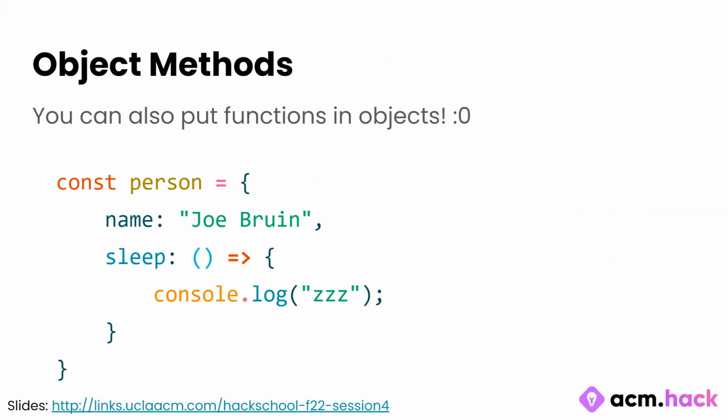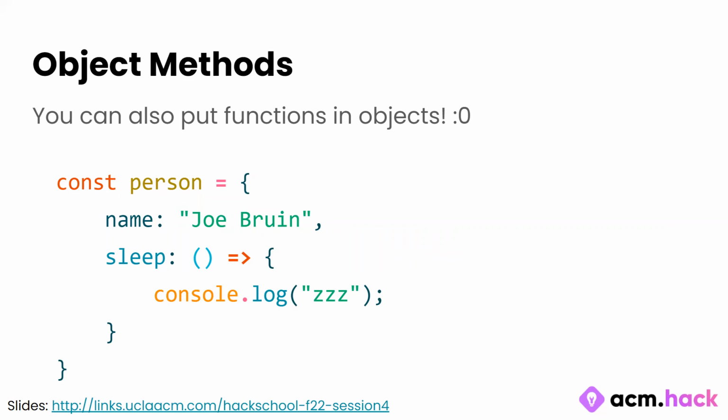And a cool thing is you can also put functions as values of a property. So for example, here, all people sleep. So we have a function here. If you haven't seen this syntax, it's called an arrow function. It's a nice syntax and it means it's a function with no name.